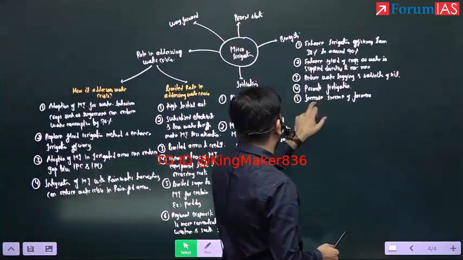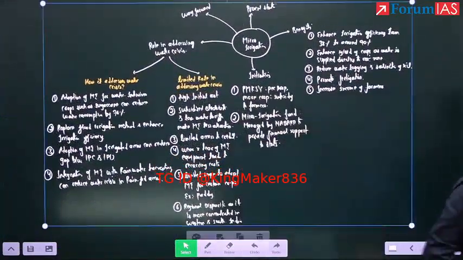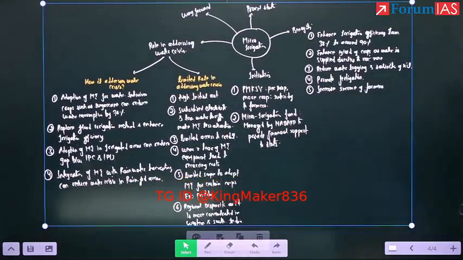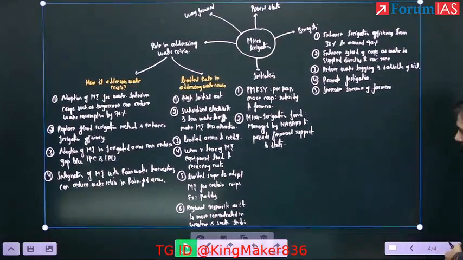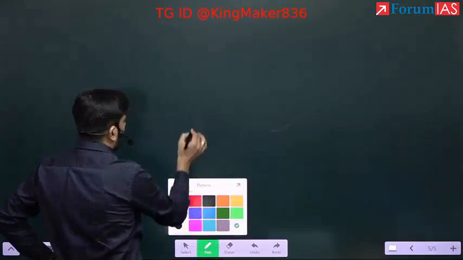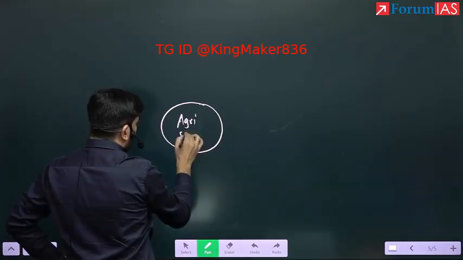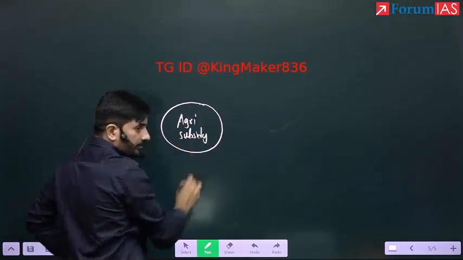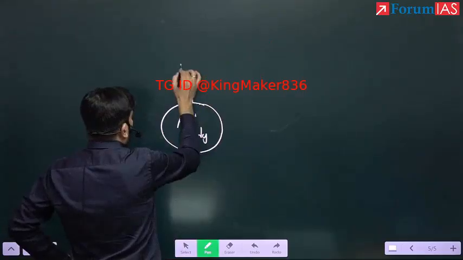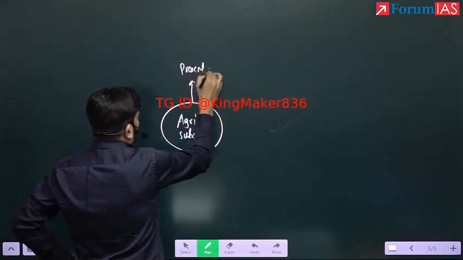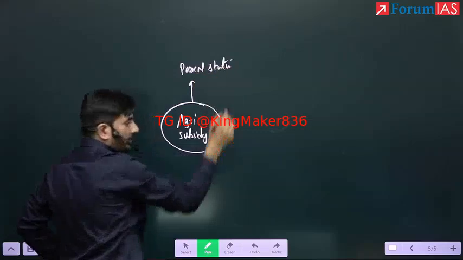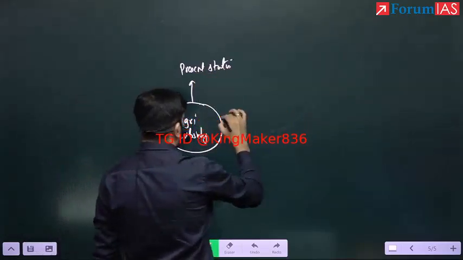Next, you can write agriculture subsidy regime. Agriculture subsidy regime. Okay. With respect to agricultural subsidy regime, we will start with the present status of agriculture subsidies.